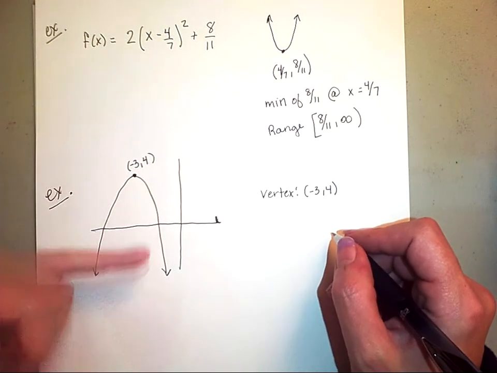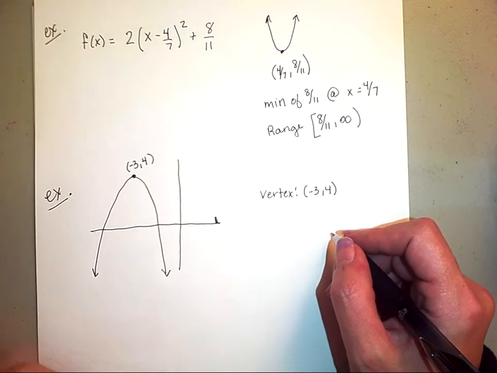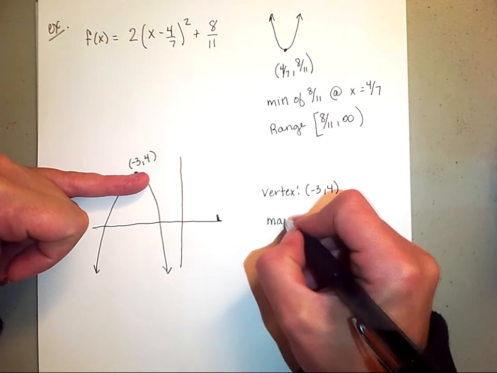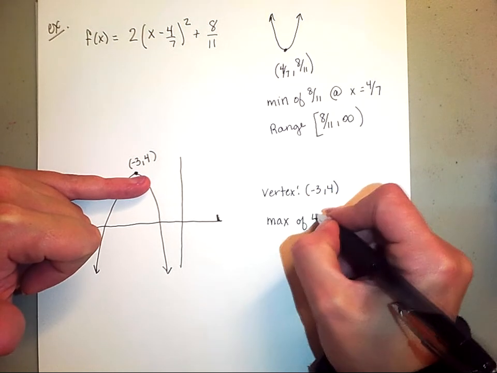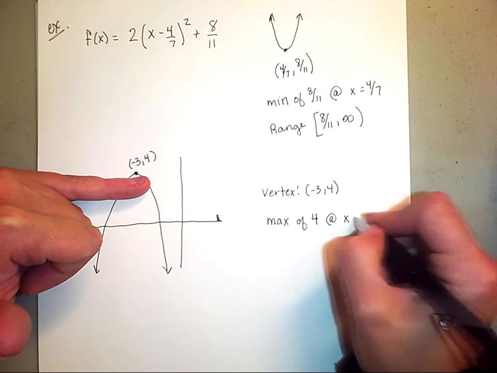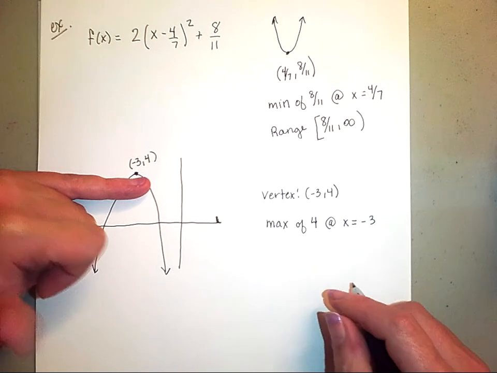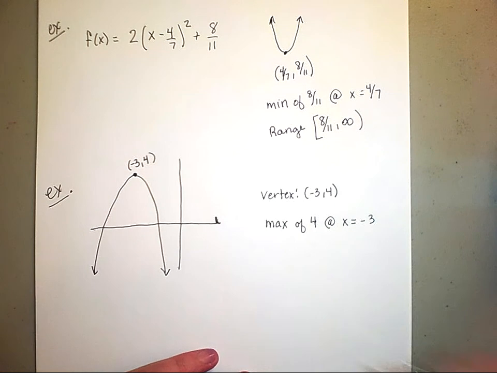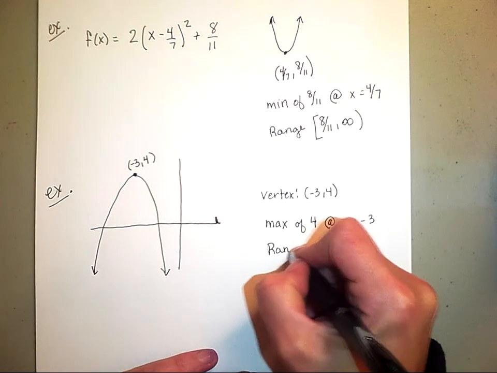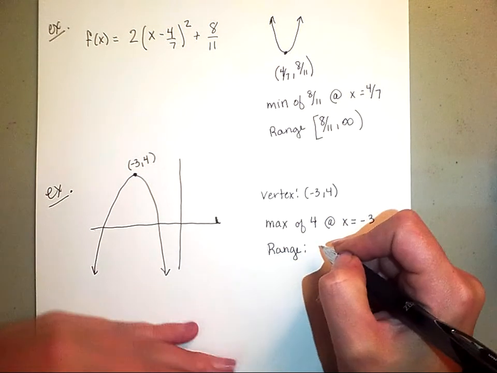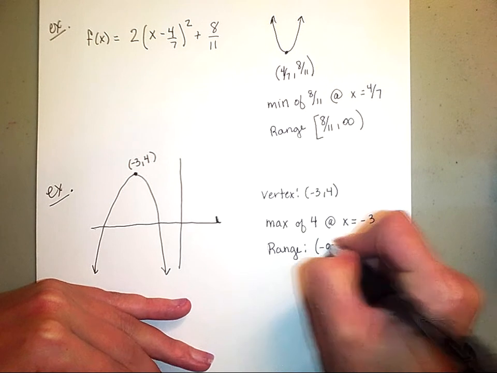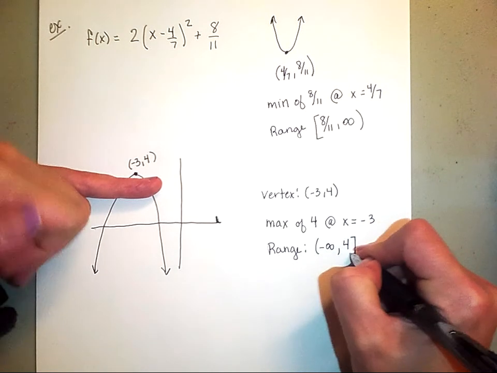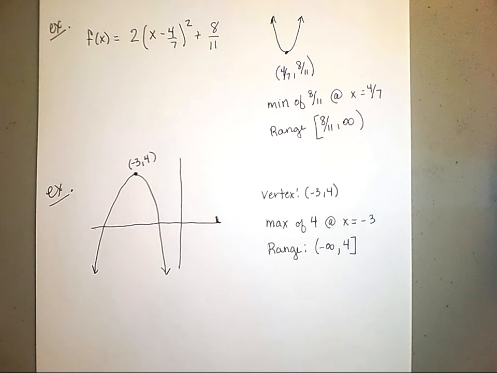But there's no longer a minimum value because it keeps going down to infinity. Now, instead, there's a maximum value. So this graph has a maximum of 4 at x equals -3. And then that will also change the range. The range now starts at negative infinity and goes all the way up to our maximum value of 4, and it is included.